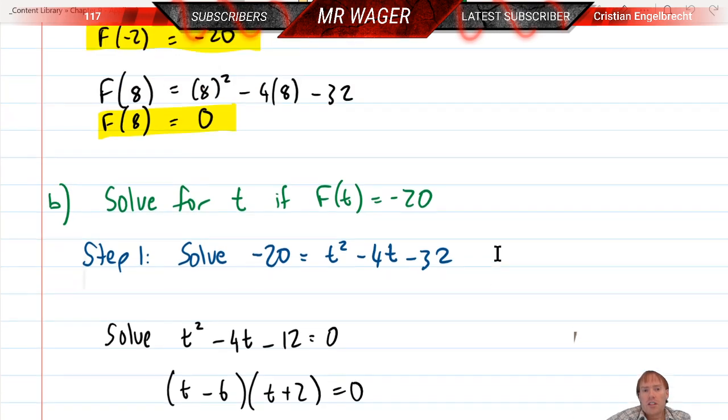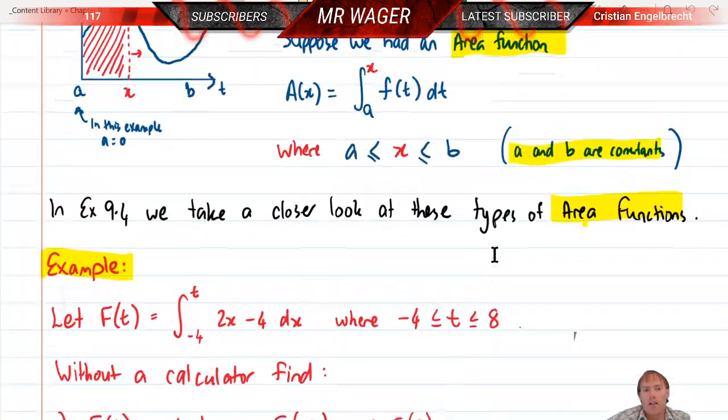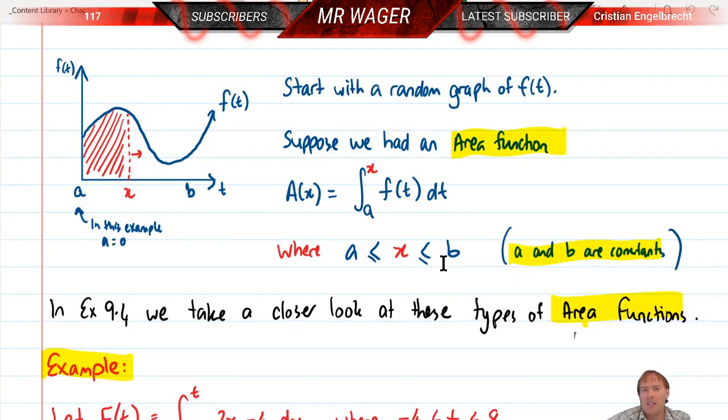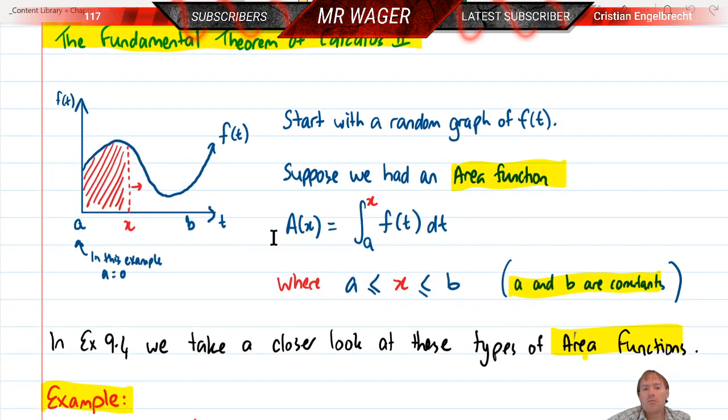I'll just pause a second and talk about why we have an area function and negative areas, and I've said before it's always positive area and stuff like that. So the reason why our area function is getting negative values is because this is just an integral, okay, and an integral can give negative values. So it's up to us, when we're asked to work out the area trapped between curves or underneath the curve, to interpret that negative integral and turn it into a positive value.